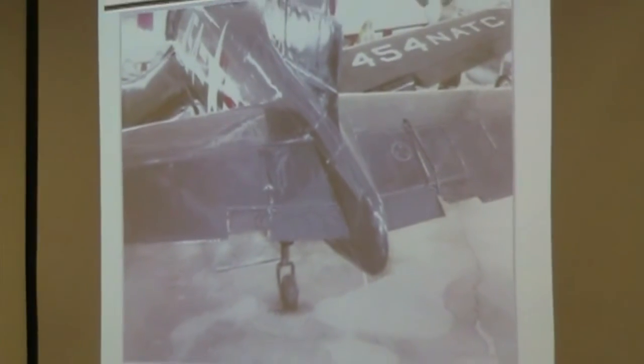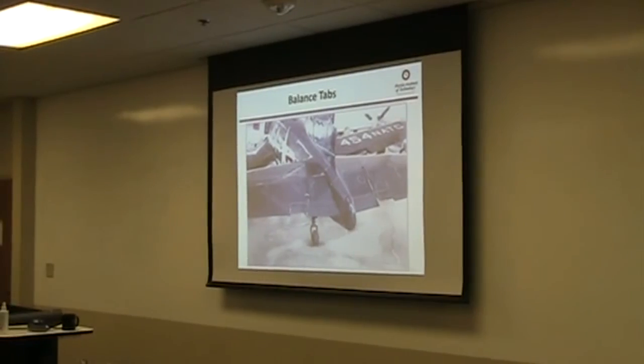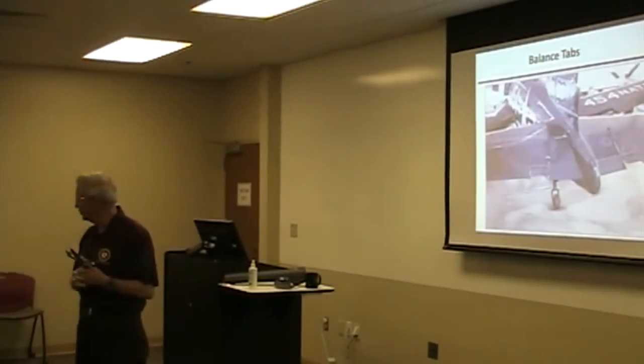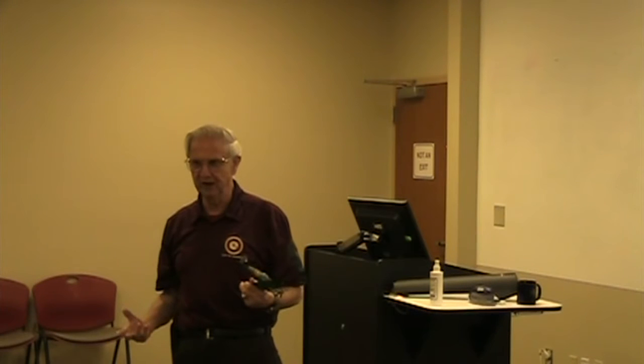Based on the other, what is that? That's a lagging tab, right? It's a lagging tab because the elevator forces on the Corsair obviously were too high. This is a flight test fix. This wasn't designed in there. It's a flight test fix.